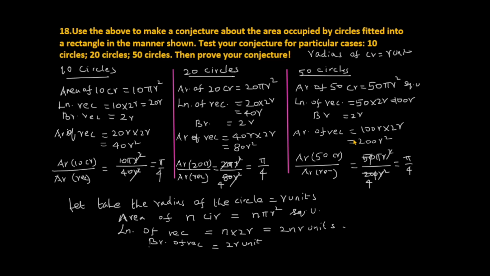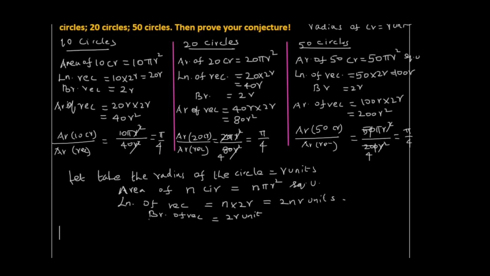So area of the rectangle is 2nr into 2r is equal to 4nr squared square units.